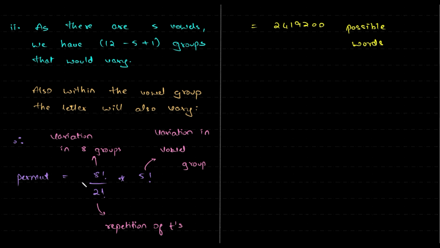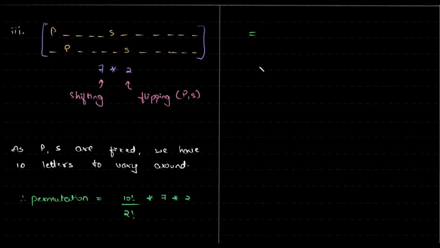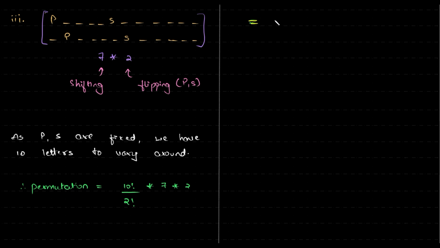Again, if you ask me, you just leave the calculation over here and you're done. Don't do this. It's just a waste of time, to be honest, writing the final answer in this manner. And this calculation turns out to be 25401600. It's a huge number, right?